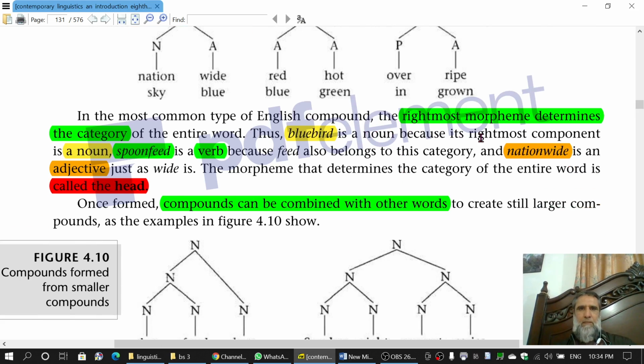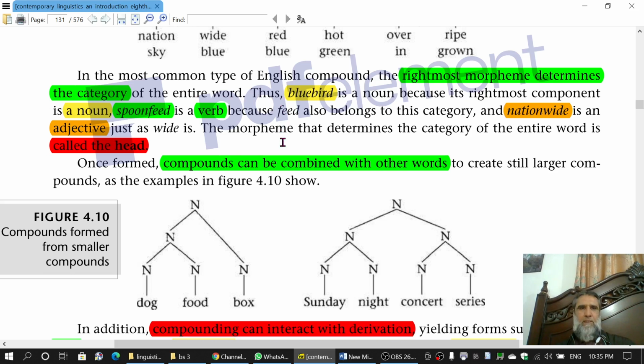In the most common type of English compound, the rightmost morpheme determines the category of the entire word: noun, adjective or verb. Thus bluebird is a noun because its rightmost component is a noun. Spoonfeed is a verb because feed also belongs to this category, and nationwide is an adjective just as wide is.